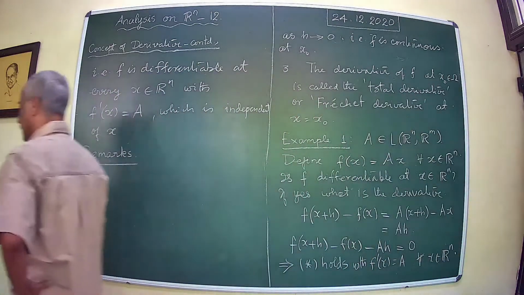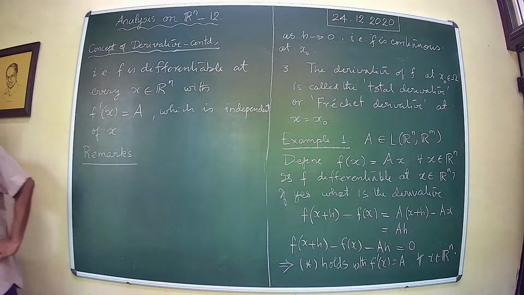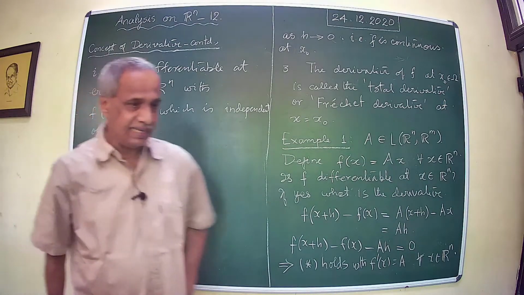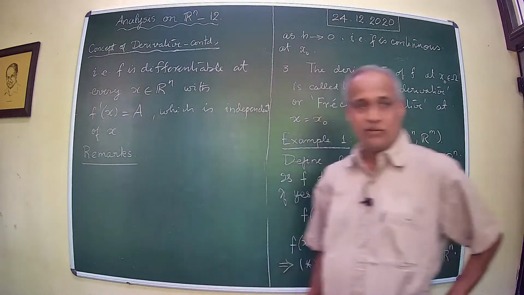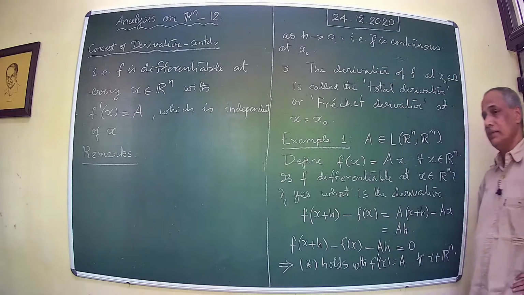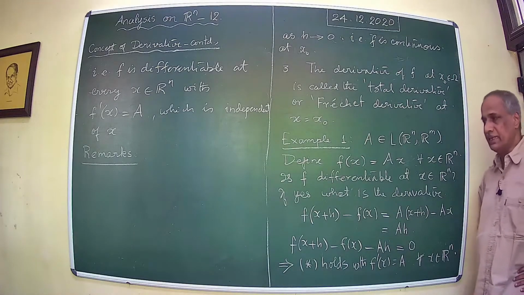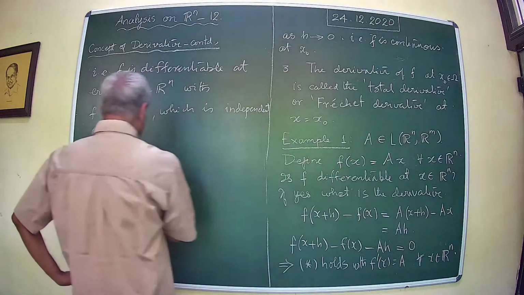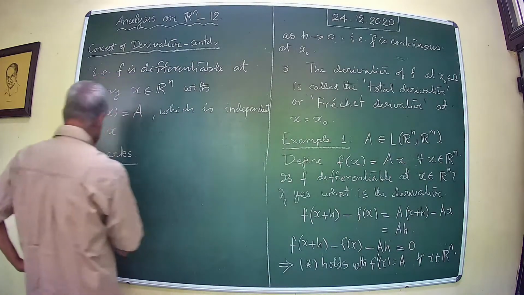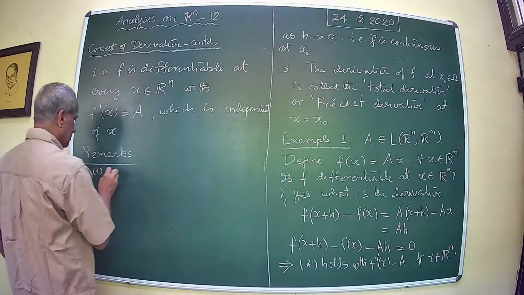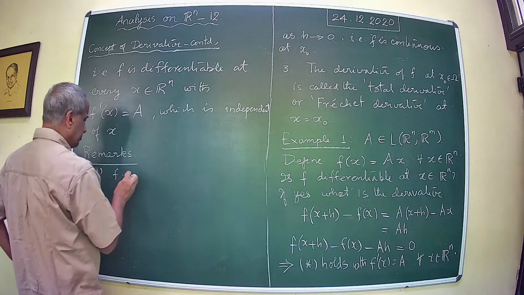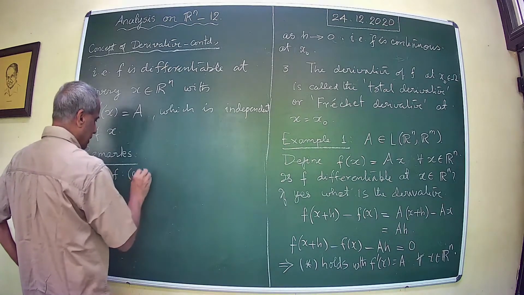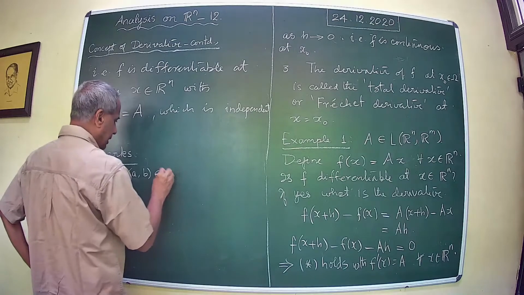First observe that in the one-dimensional case, with f defined from a, b belonging to R, we had the standard definition where division by h was permitted.